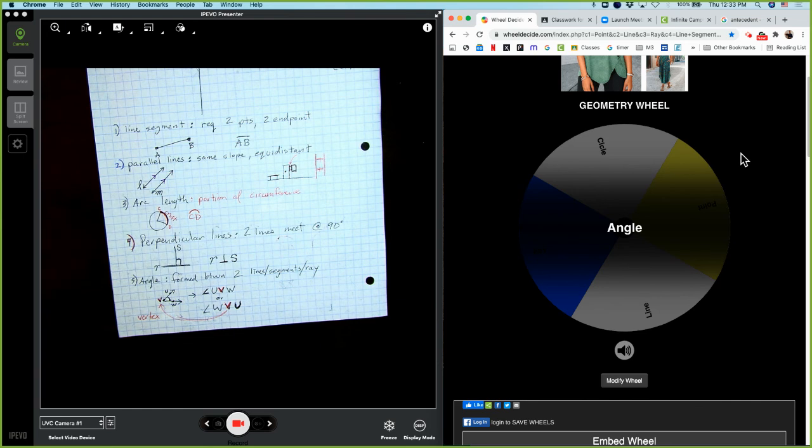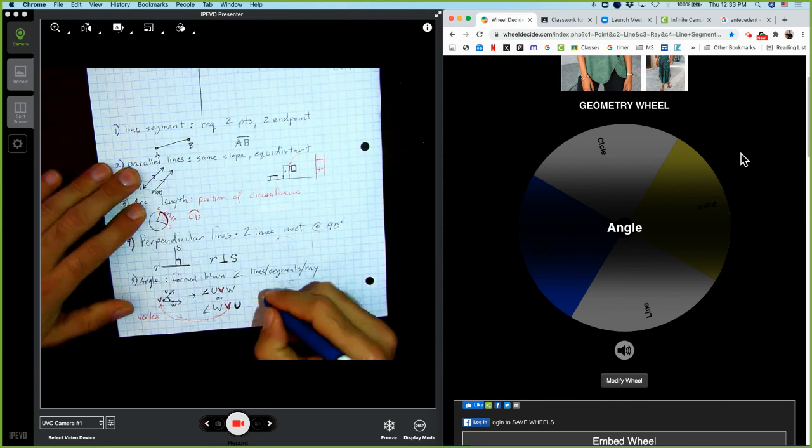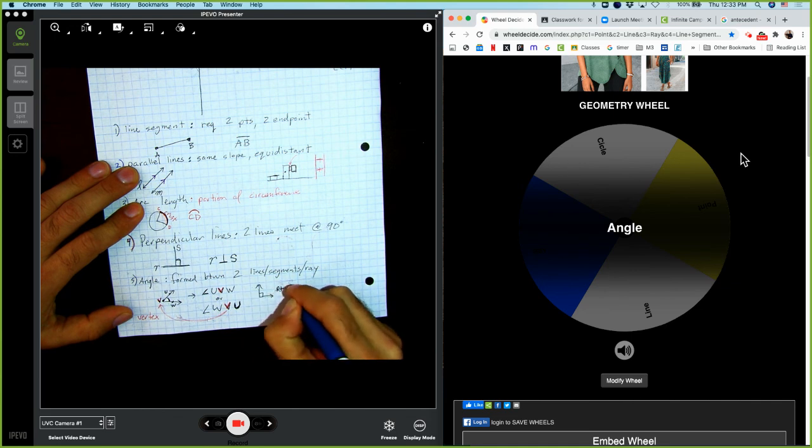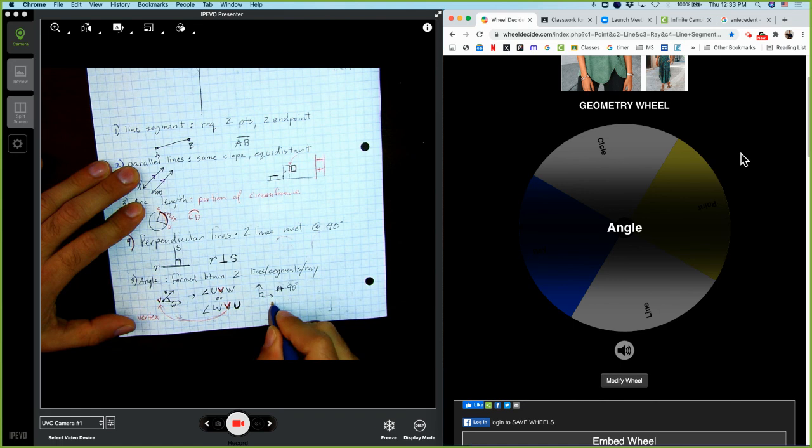The other thing I just want to remind you, I think you've seen these. We have a right angle, right? 90 degrees. Then we have a cute little angle that's less than 90. I just think of it like a cute little baby. It's smaller.